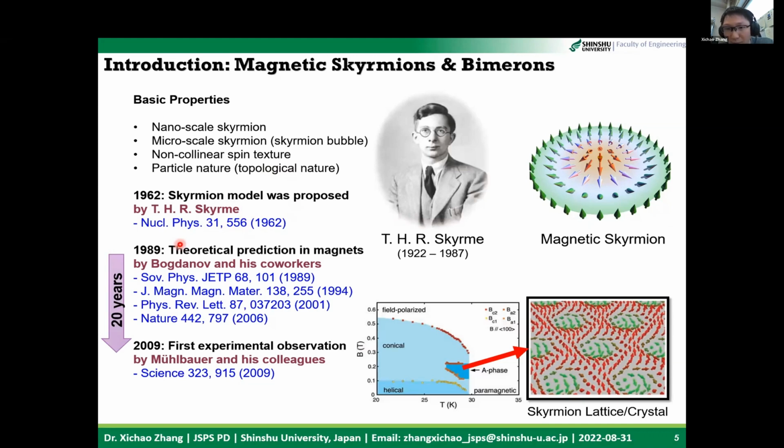But the theoretical prediction of skyrmions in magnetic materials was made by Bogdanov and his co-authors in 1989. And after 20 years, in 2009, the magnetic skyrmion was for the first time observed in chiral magnets as the A phase in this phase diagram, where A stands for anomalous.